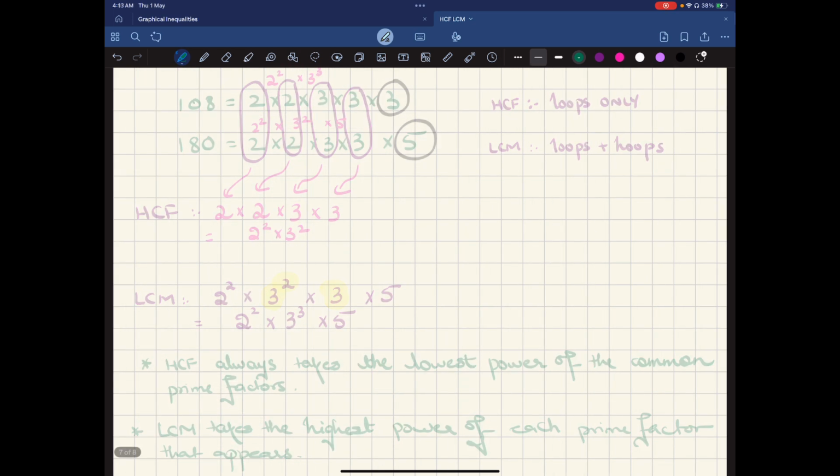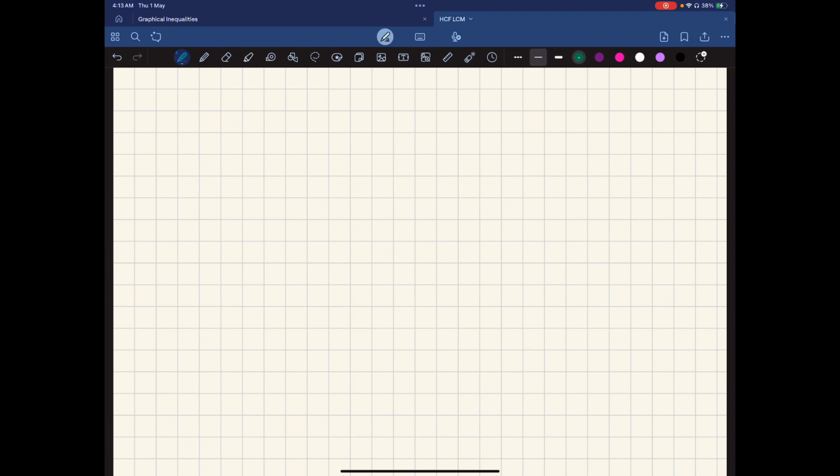Okay, let's do another past paper question very quickly. So they've given us P expressed as a product of its prime factors and Q as well.